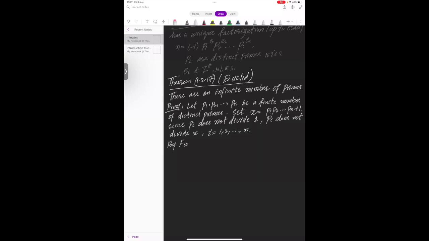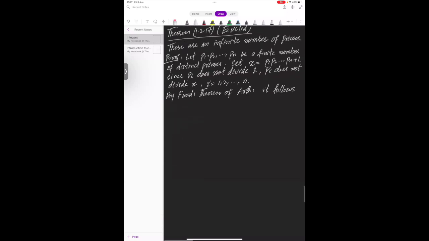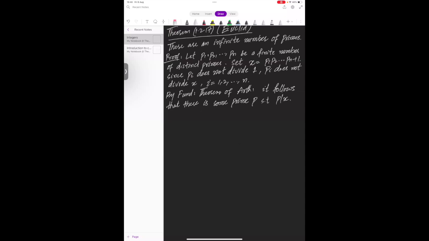By the fundamental theorem of arithmetic, it follows that there is some prime p such that it divides x.